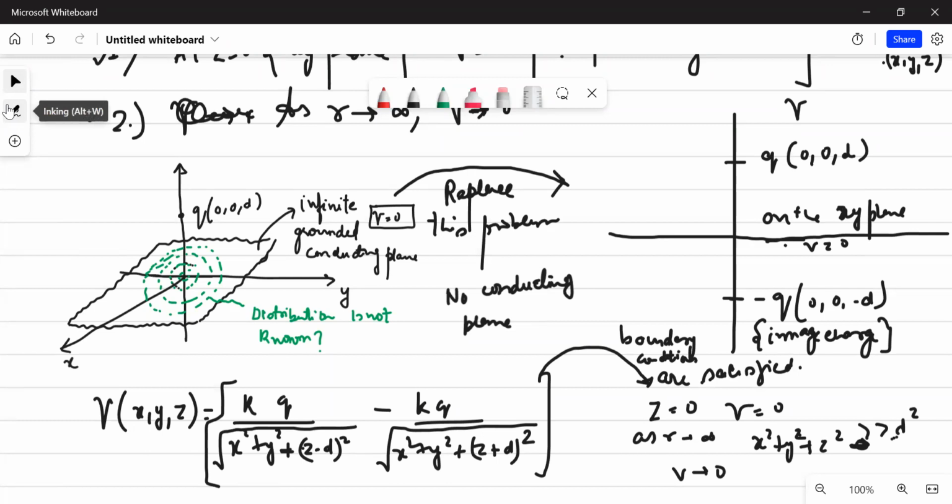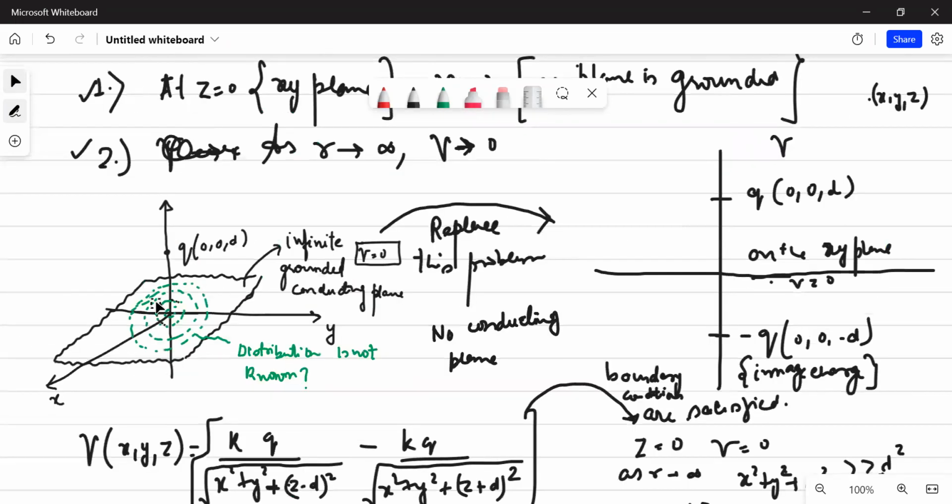Yes, sir. Okay, good. So now, as I told you, we were interested in finding what kind of distribution of charge we have. It all started with saying that if this charge q is placed here, there would be some induced distribution, and because of it, this charge q would feel a force towards this infinite conducting plane.